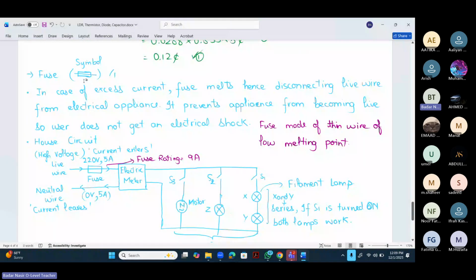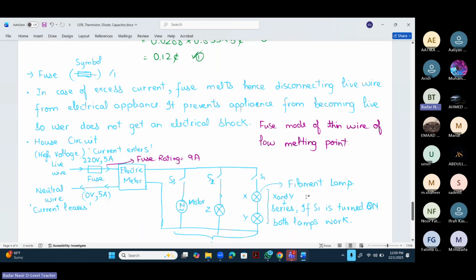The symbol of the fuse is this. फ्यूज जो है, in case of excess current फ्यूज मेल्ट हो जाता है और it prevents the electrical appliance from becoming live so that the user does not get an electric shock. Fuse is made from a thin metal wire which has a low melting point. तो excess current के केस में that thin metal wire melts.